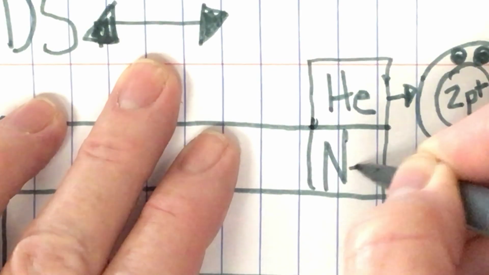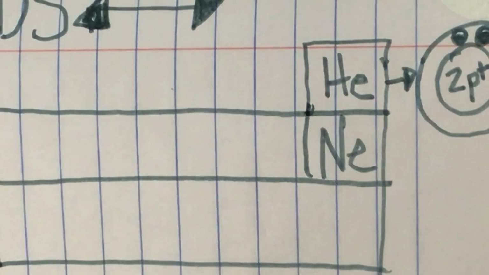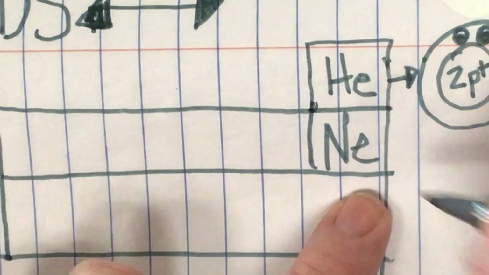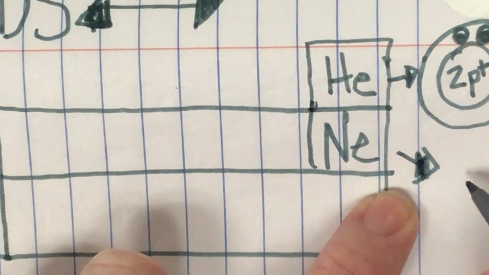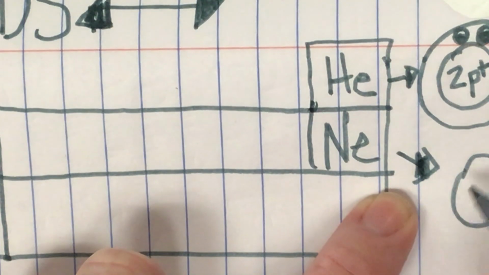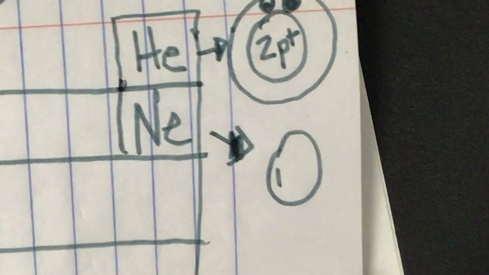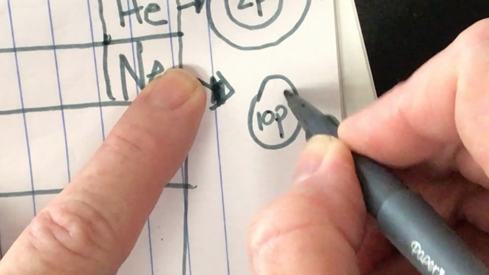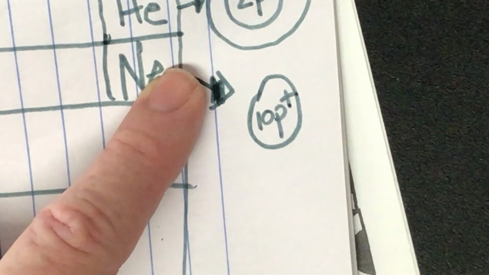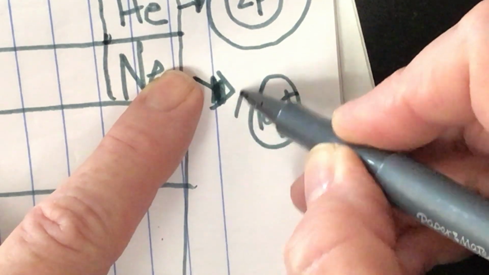Okay, let's go over to, y'all could fact check me. I'm pretty sure this is neon. Okay, let's do a Bohr model of neon. All right, neon has 10 protons. If we've got 10 protons, how many electrons does it have? 10.